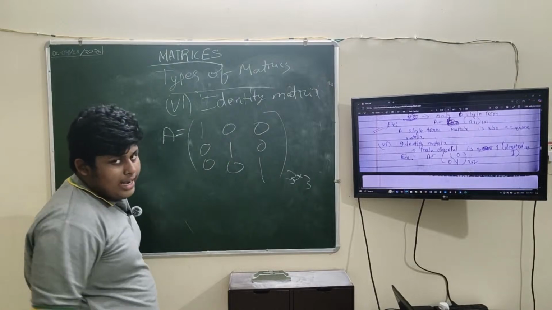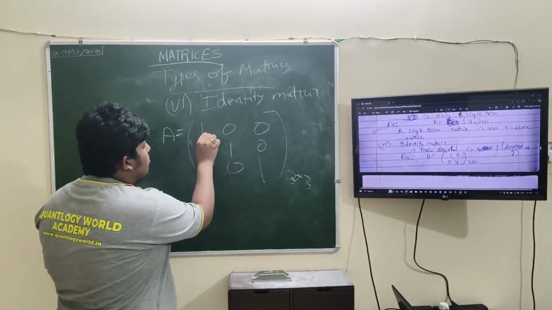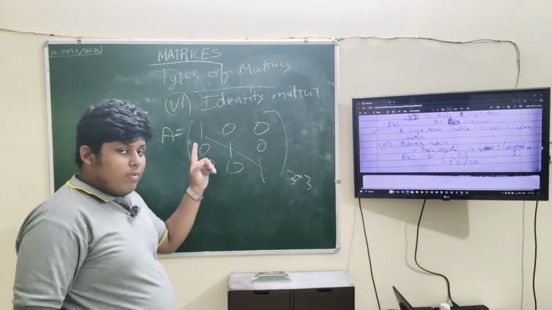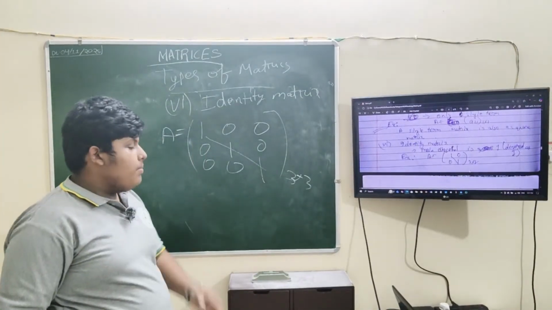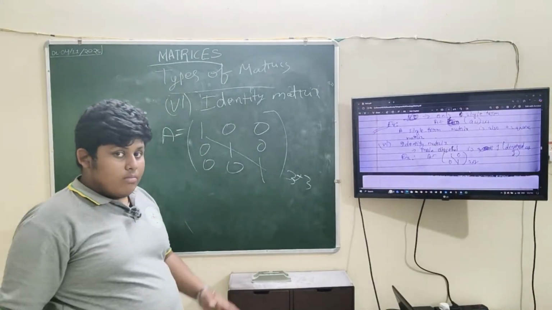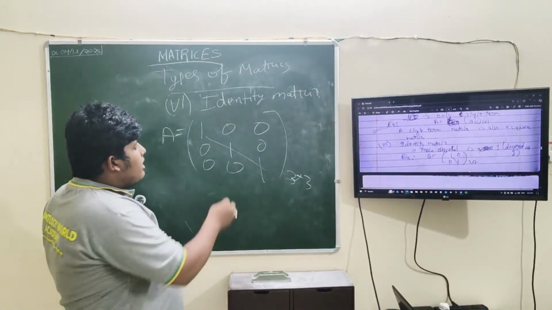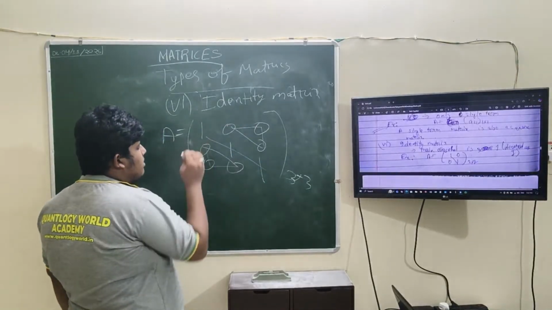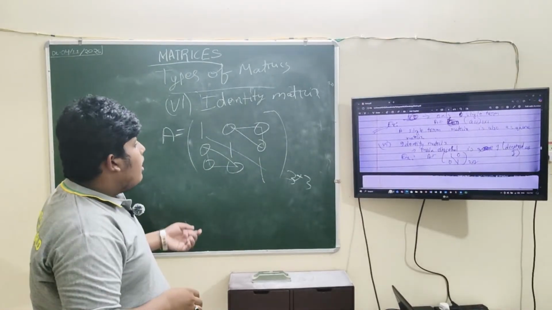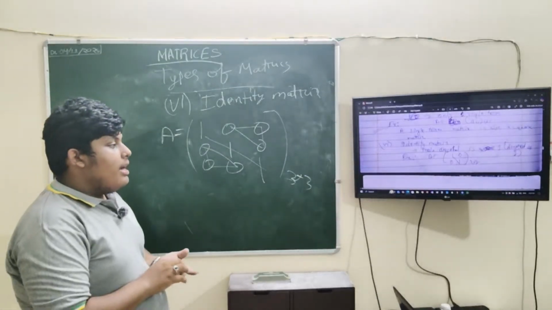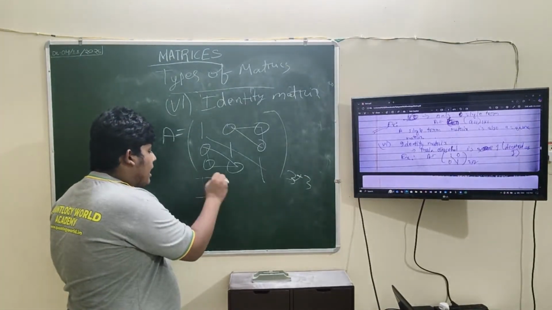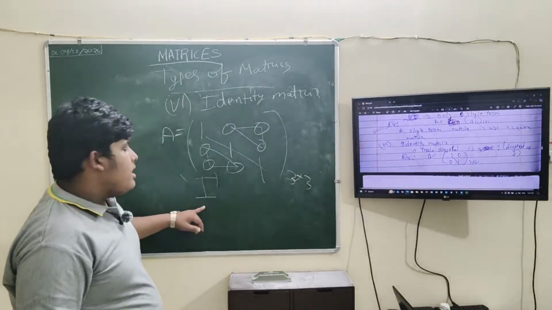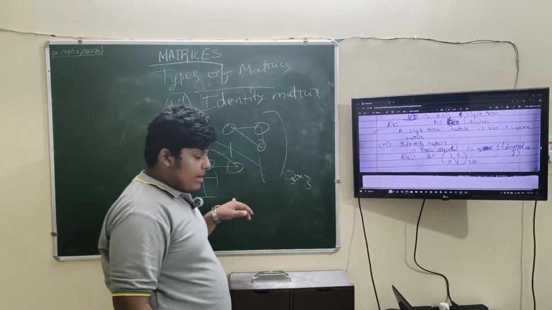This can also be called an identity matrix, as the elements of the main diagonal are 1. Another way of writing the identity matrix is this, the triangular form. These zeros will form a triangular form in a 3 cross 3 matrix. And the identity matrix is denoted by capital letter I. This is the main point.